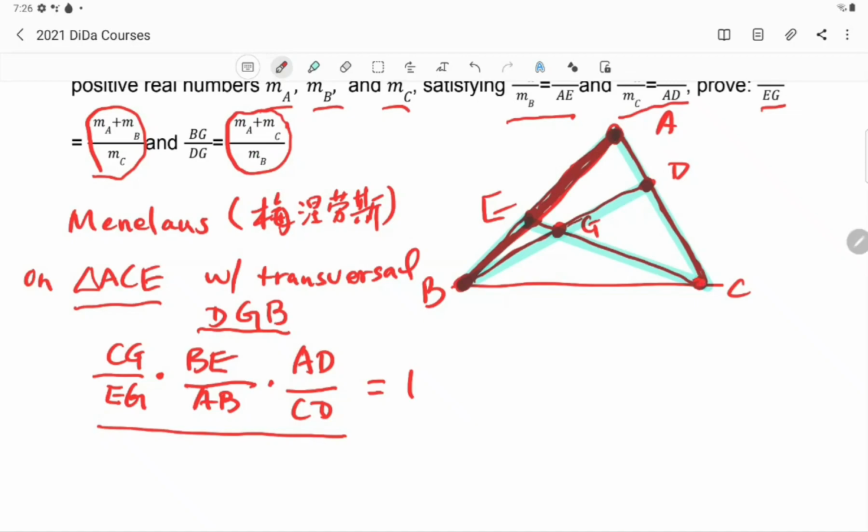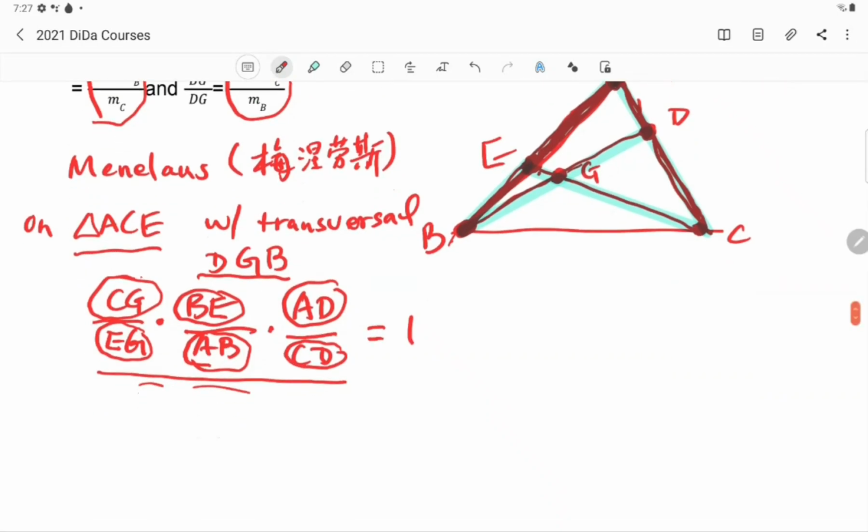So from vertex C to intermediate point, CG, over intermediate to vertex, GE, and then vertex to intermediate, BE, over intermediate to vertex, BA, or AB, same thing, and then vertex to intermediate, AD, over intermediate to vertex. This product needs to be equal to 1.